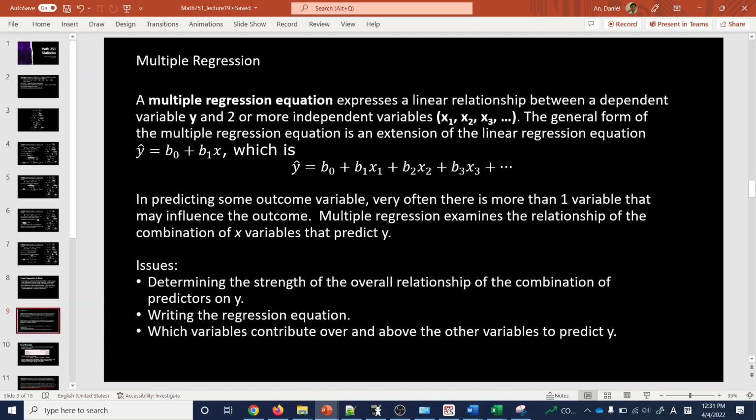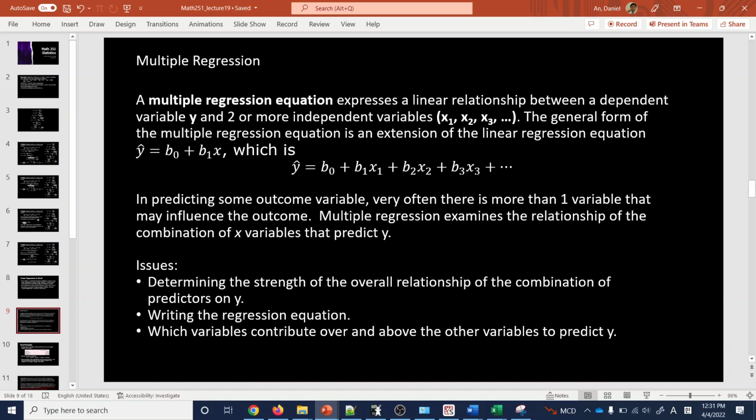Okay. In predicting some outcome variables, very often there is more than one variable that may influence the outcome. So when you plug all these different factors into the system and make the Excel spreadsheet perform the multiple linear regression, some of them come out as not so significant. Some of them come out as pretty significant.